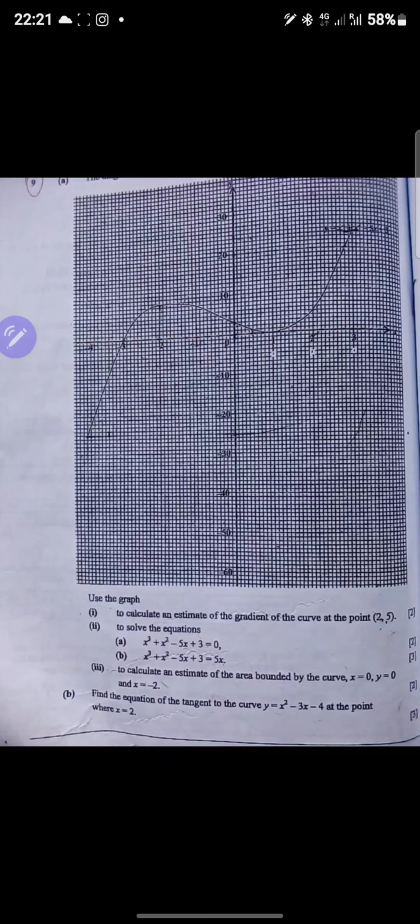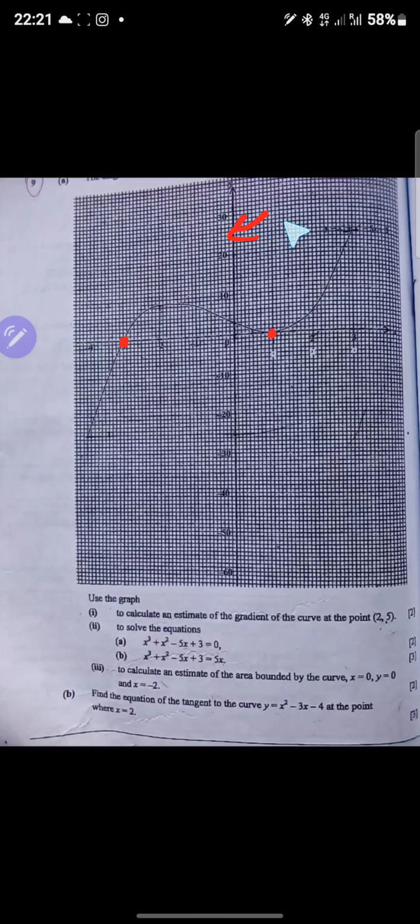In this case, they have already drawn. You just mark, okay, there is a point here where it touches the curve. This curve is touching the x-axis at this point, or it touches the line y is equals to 0. Also this one touches here.